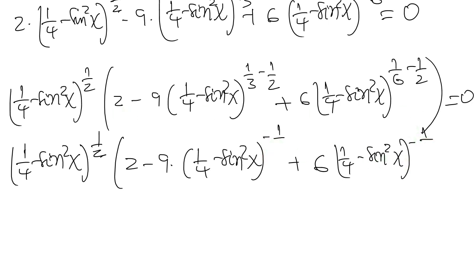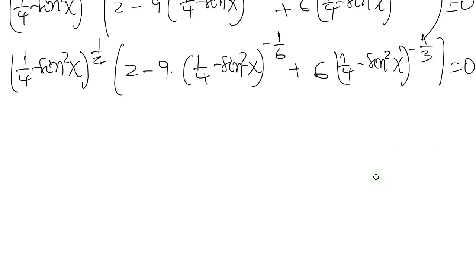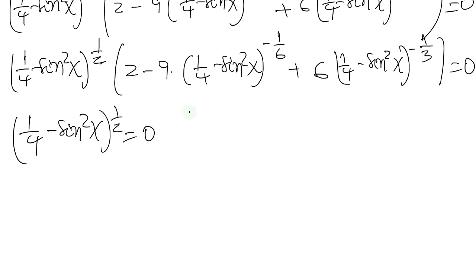So this is 1 over 6, and this is going to be 1 over 3, and this is equal to 0. And then from here we can say that 1 over 4 minus sine square x to the power of 1 over 2 is equal to 0, and this expression 2 is equal to 0. So 2 minus 9.